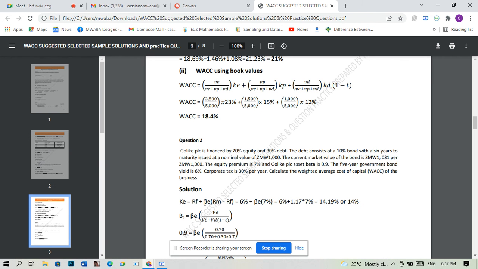So we have to find our equity beta using the relationship the equity beta has with the asset beta. So basically, whenever I hear the word beta, it's just the measure of market risk. All right, so this is the relationship between the asset beta and the equity beta.